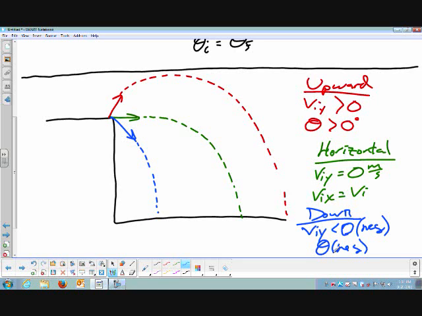Just when you break it up, keep that in mind. I guess up here I should have clarified that when I said it's greater than 0, what I really mean is it's a positive value with a positive angle.